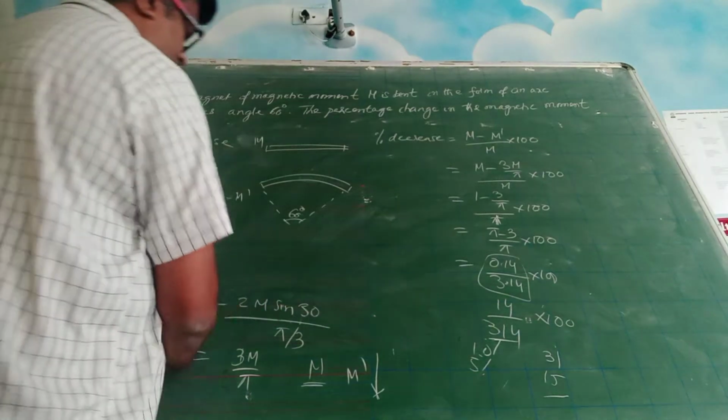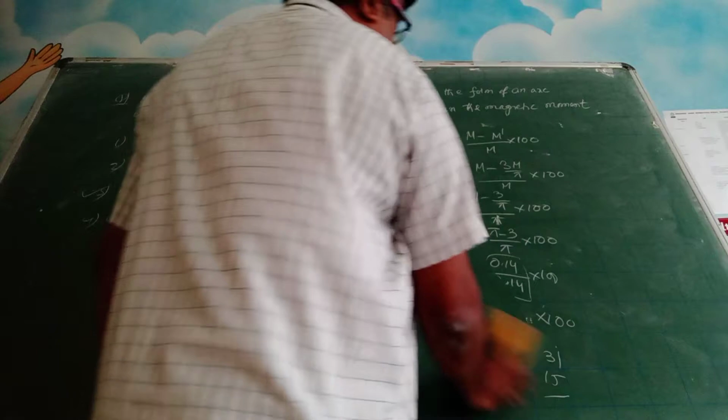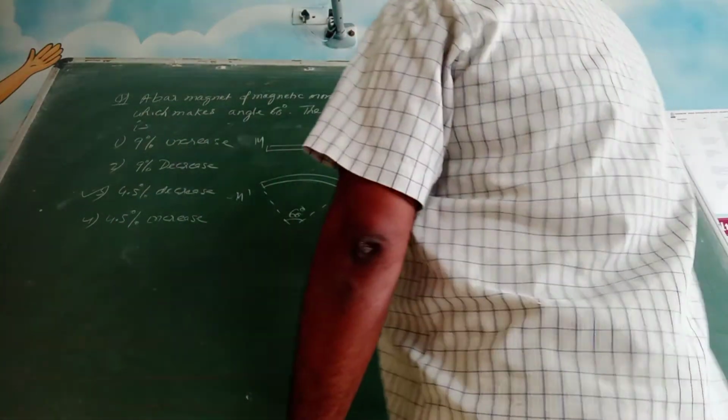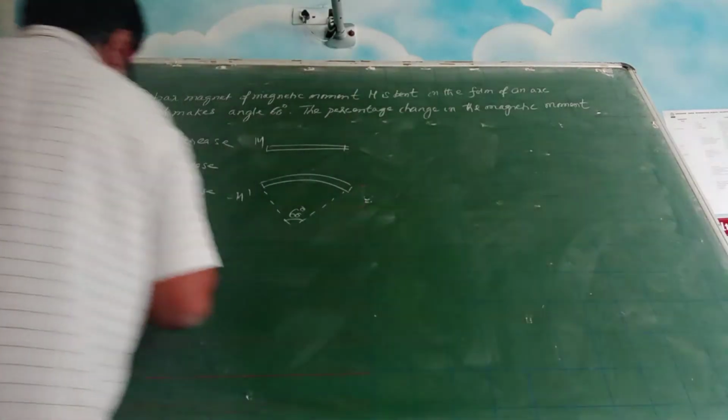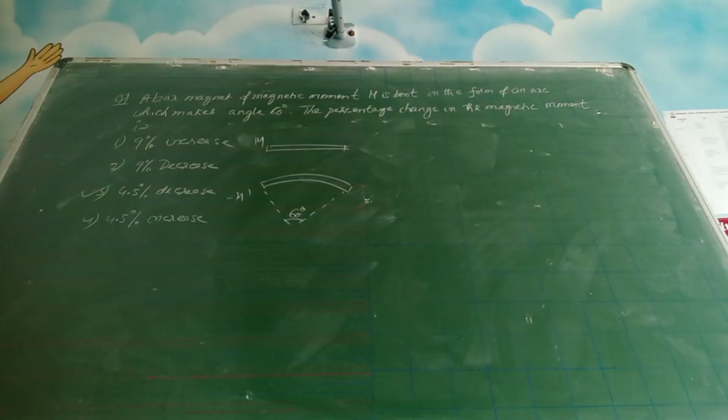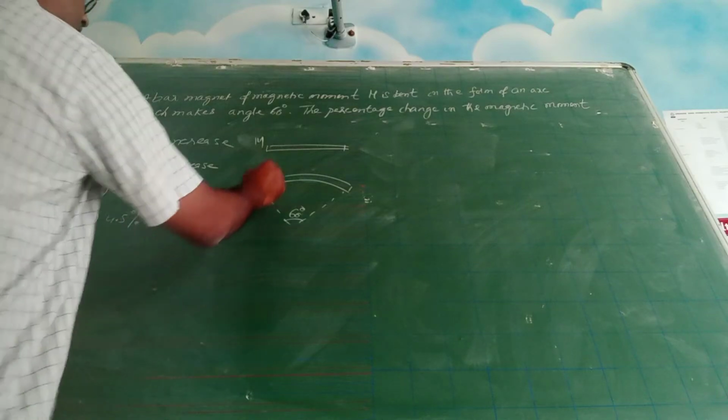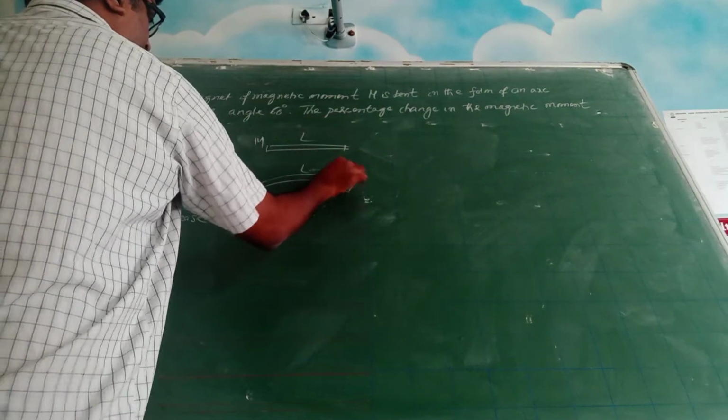Okay, so this is by the formula. Suppose you don't know the formula. Then like the derivation you have done, you have to do that. So this was your L. It will remain L only here.